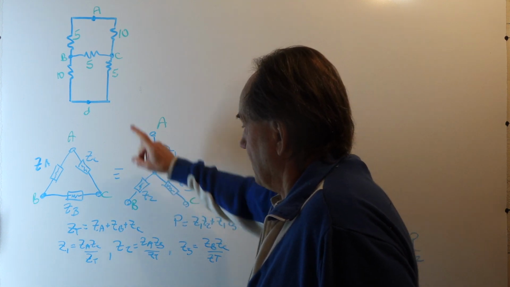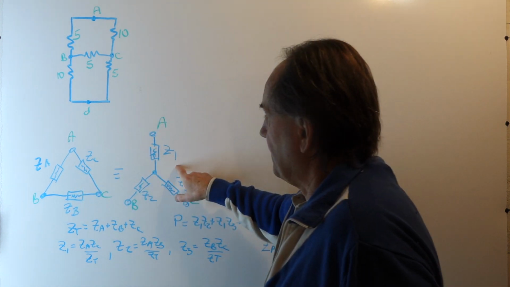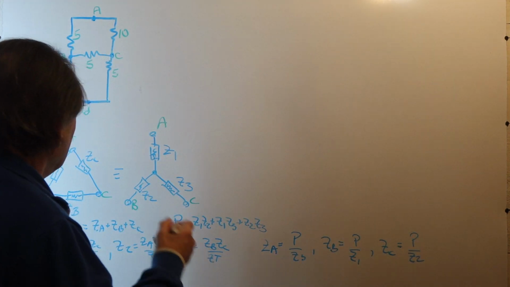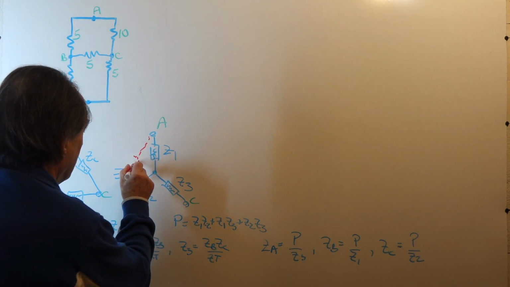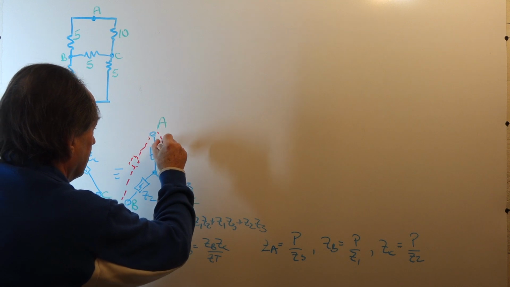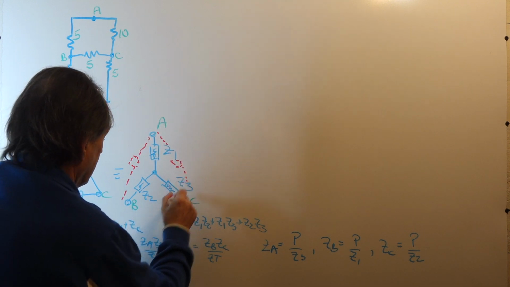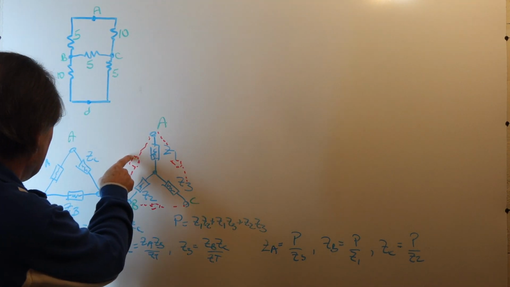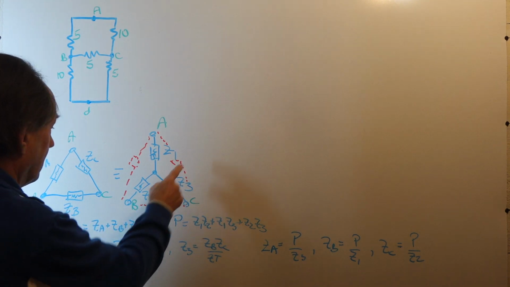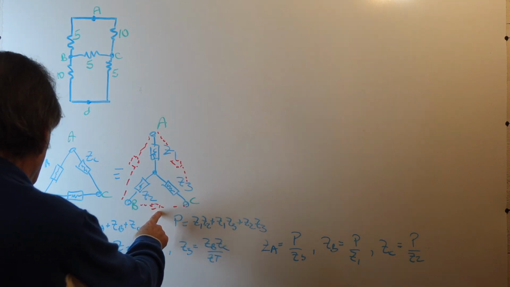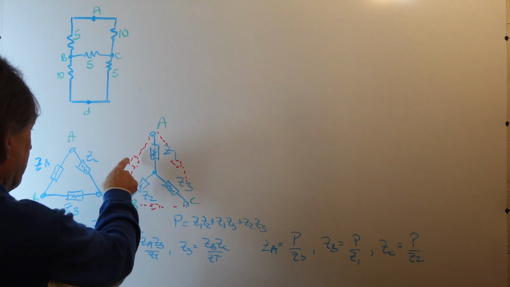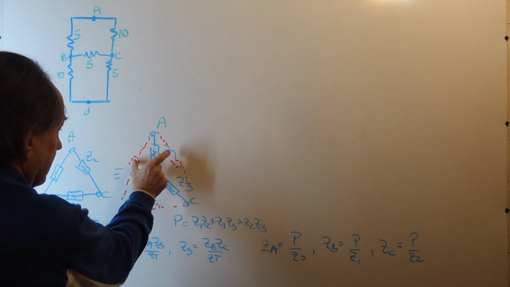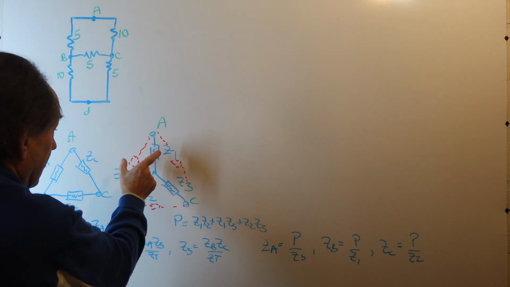To go from the delta to the Y, it's very easy to remember this. Let's say here we have our delta element, and another delta element here, and the other delta element is here. This is ZA, this is ZC, and this is ZB. Well, Z1 is the product of the delta elements that are on either side of Z1.